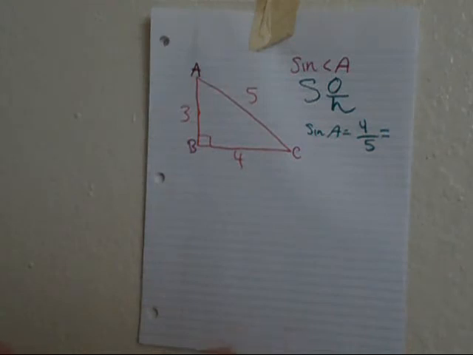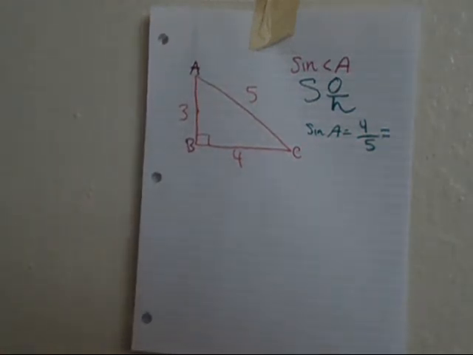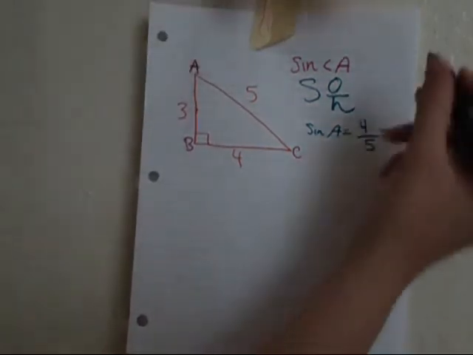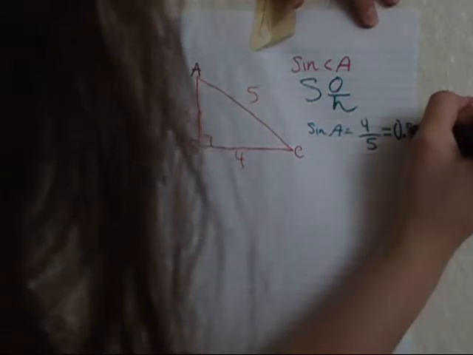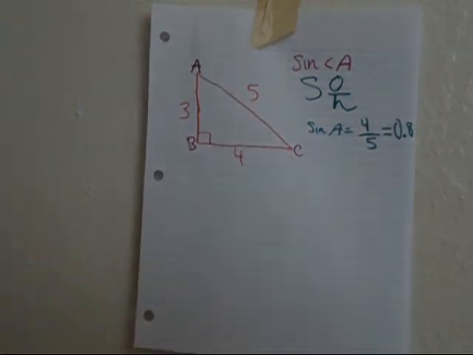The sine of angle A equals 4 over 5, and when you put that into your calculator, 4 divided by 5 equals 0.8. Which means the sine of angle A equals 0.8. Congratulations, you now know how to complete the sine of an angle.